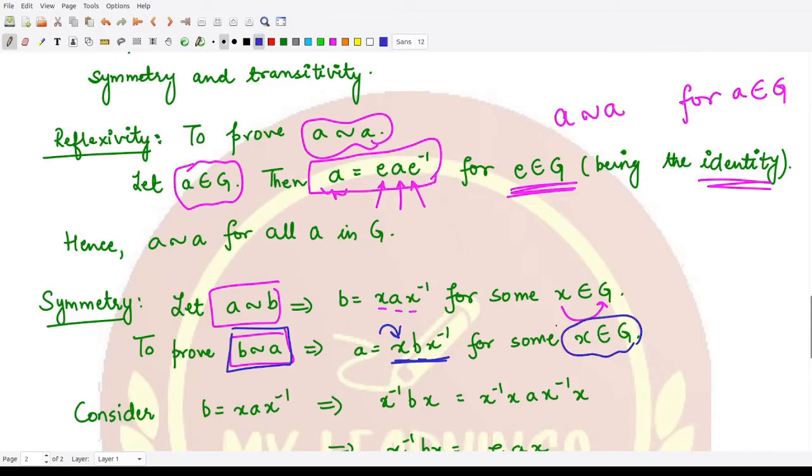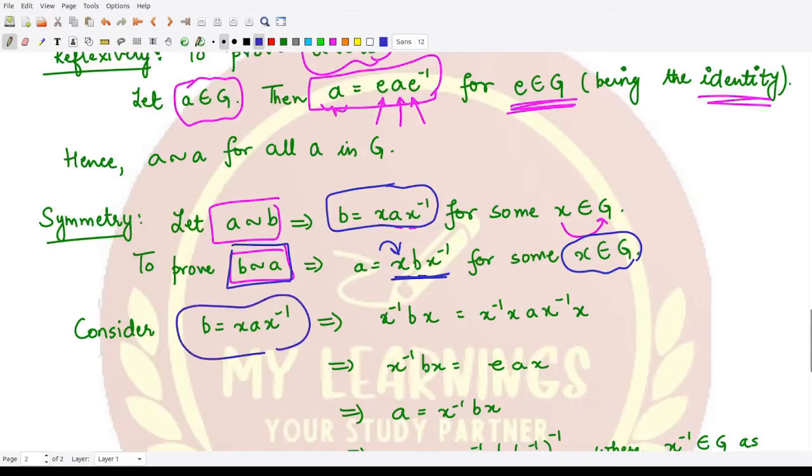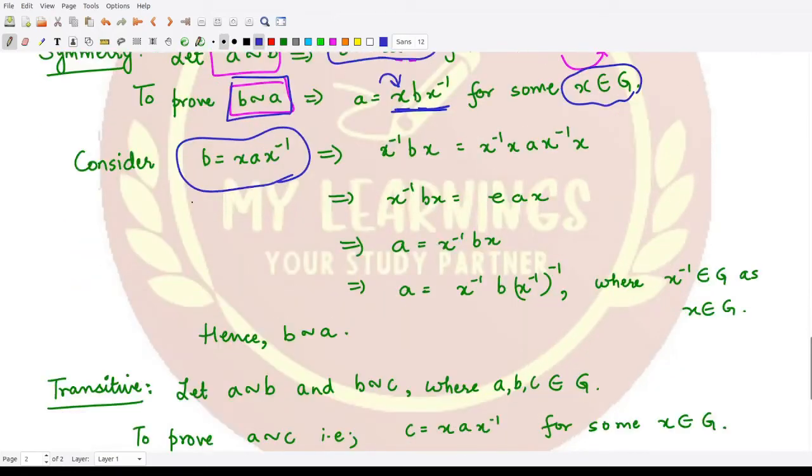So here we consider B, because we know the relation B equals x A x inverse. From this relation we can pre-multiply with x inverse on both sides and post-multiply on both sides with x, so that on the left hand side we have x inverse B x. This is what I have written.